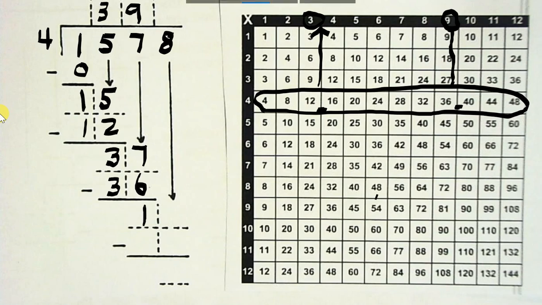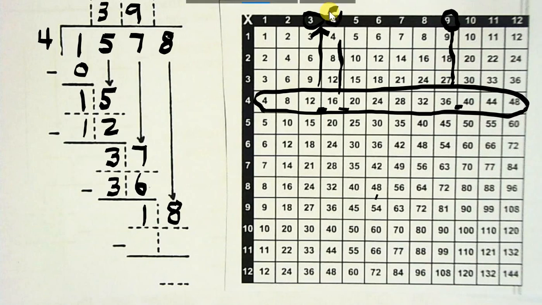And we bring down the big elevator, all the way down. 18. Does 4 go into 18 evenly? No, looks like we have 16 and we have 20. The lower one is 16, so we go up the elevator shaft here. What do we have up here? We have a 4.